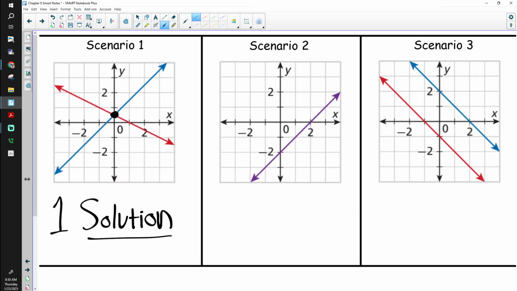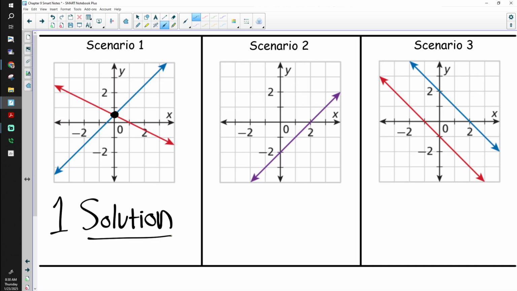The second scenario. What is happening in the second scenario? Why is the line purple? Guess how many lines are actually there? 2. We have a red line and a blue line right on top of each other, the exact same line. And if 2 lines are on top of each other, how many times are they touching?